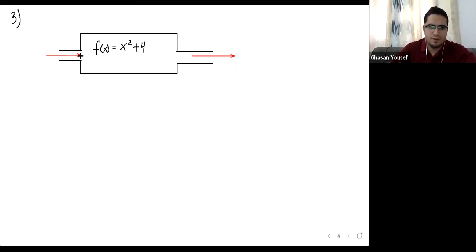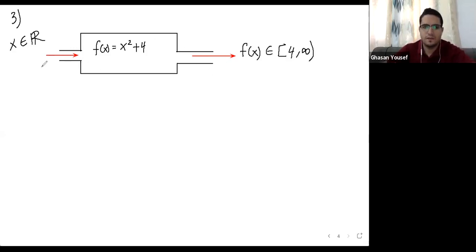Here the input is x. The input here will be x belonging to the real numbers. The output here is f of x belonging to the set from 4 to infinity. So this is the input here, output, and here the machine.